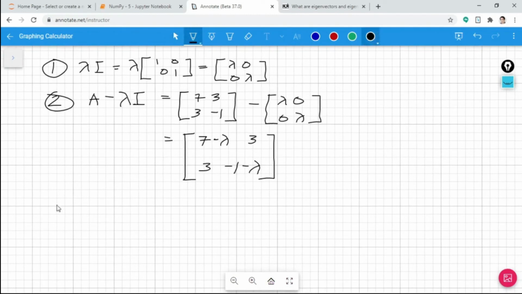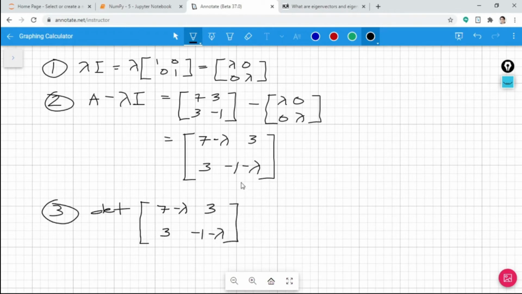So the next one is you find the determinant of this one. Okay, so let's see. So we find the determinant: 7 minus lambda, 3, 3, and negative 1 minus lambda. So equals, let's select a different color. Let's use red.